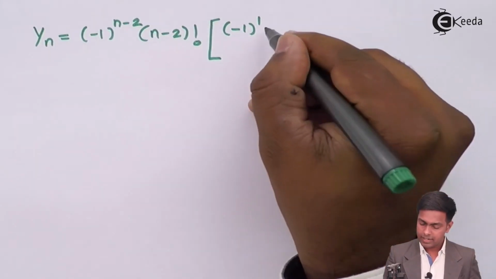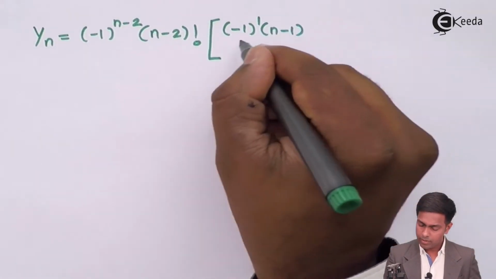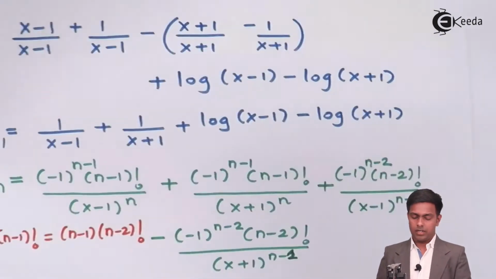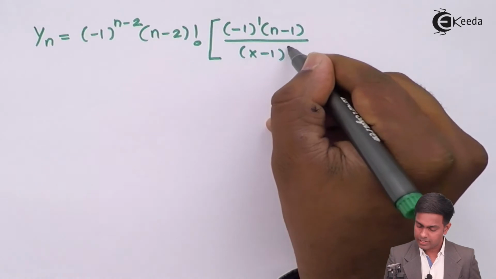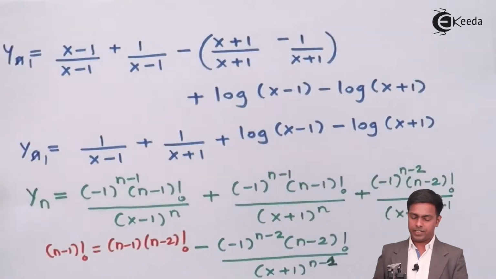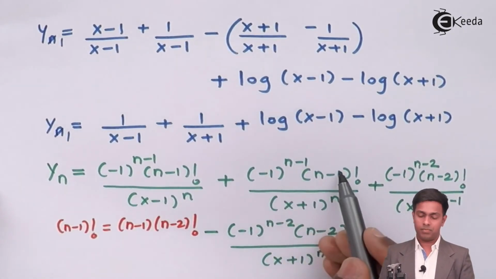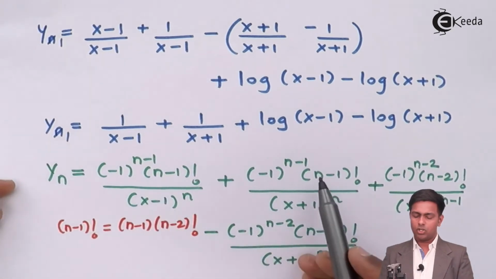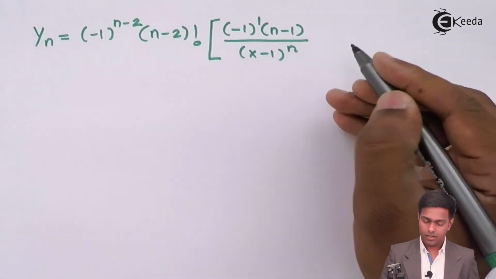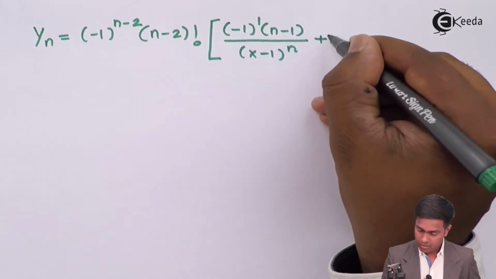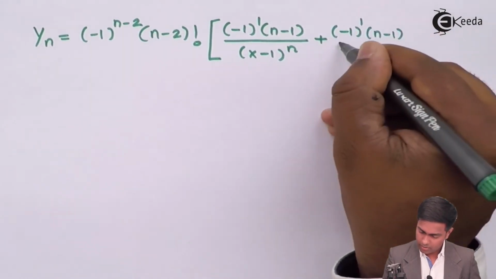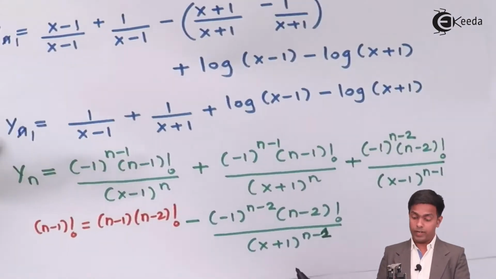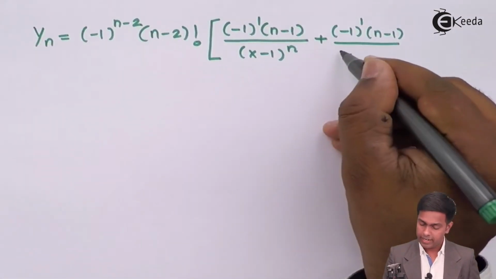So here I'll say it is n minus 1 upon the denominator as it is, that is x minus 1 raised to n. Next, from the second term, again it is similar, so we'll get a similar numerator. So here I'll say it is plus minus 1 raised to 1 and n minus 1 upon x plus 1 raised to n as it is.